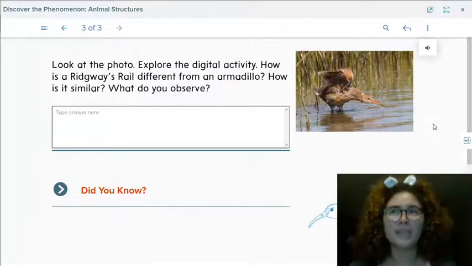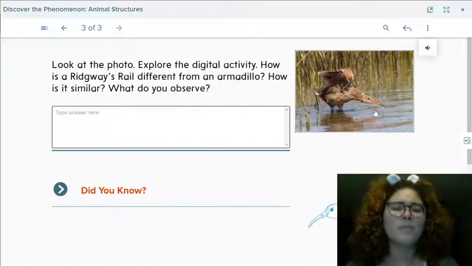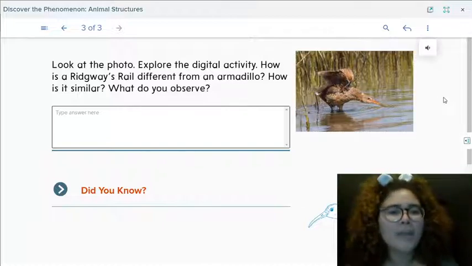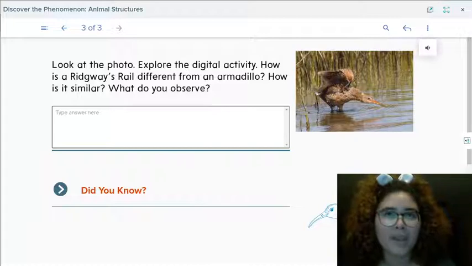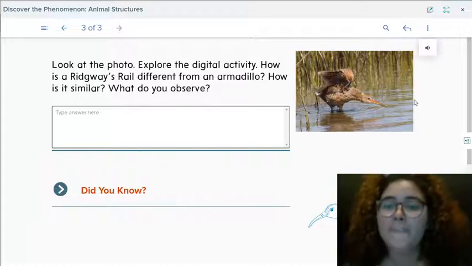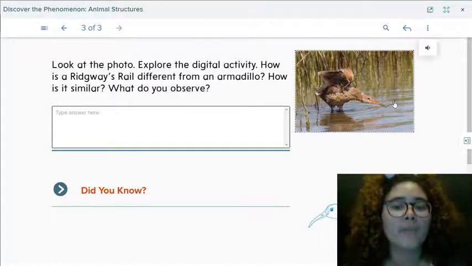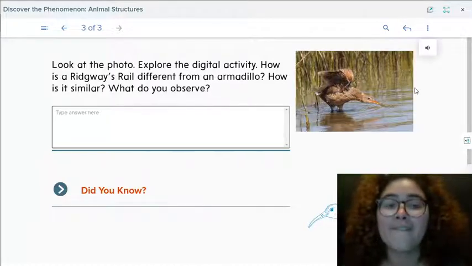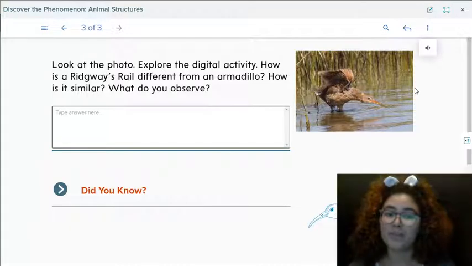So think back to yesterday's video and look at the Ridgway rail. How are they different? And how are they similar? So think about it. Is there anything similar between the armadillo and the Ridgway rail? I am very curious to see what your answers will be.